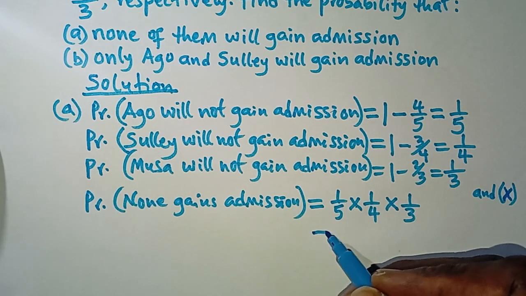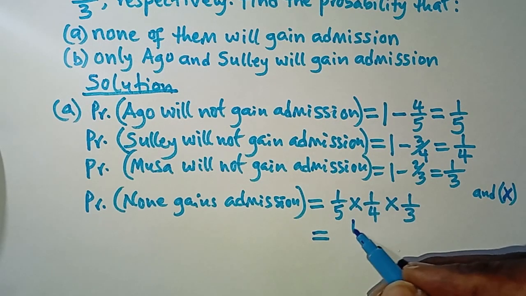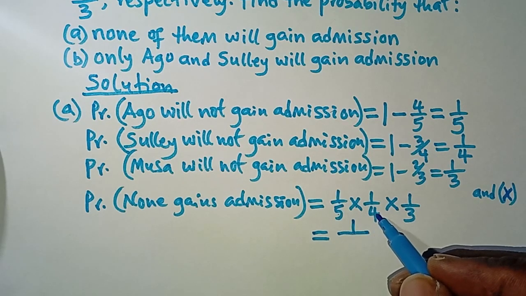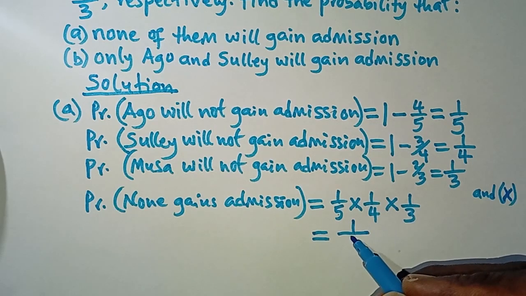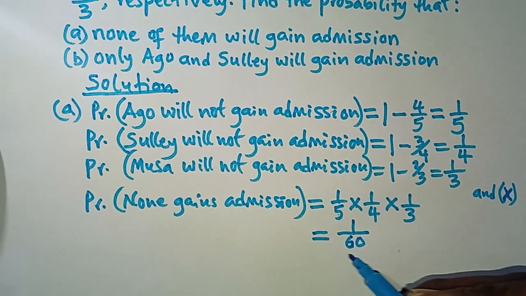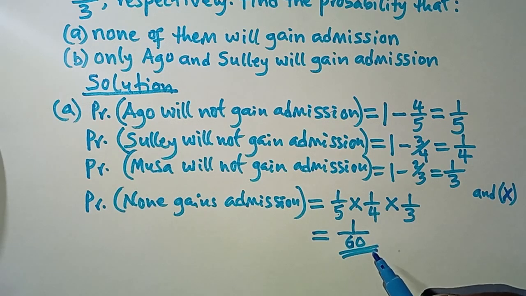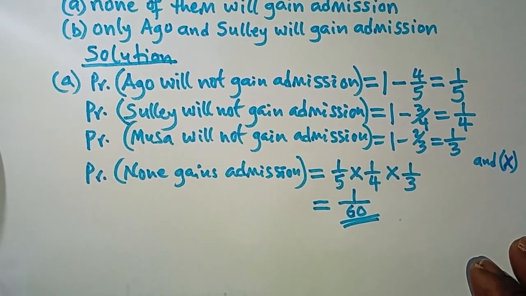And then when we evaluate this, 1 times 1 times 1 will give us 1, all divided by 5 times 4, 20, 20 times 3, and that is 60. So the probability that none of them will gain admission is 1/60. Now let's check the second part of the question, which is the B part of the question.